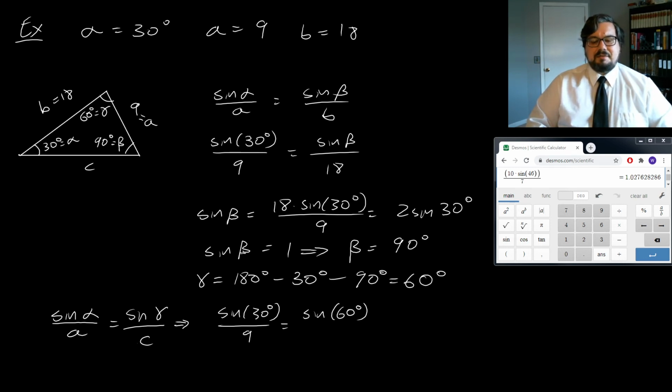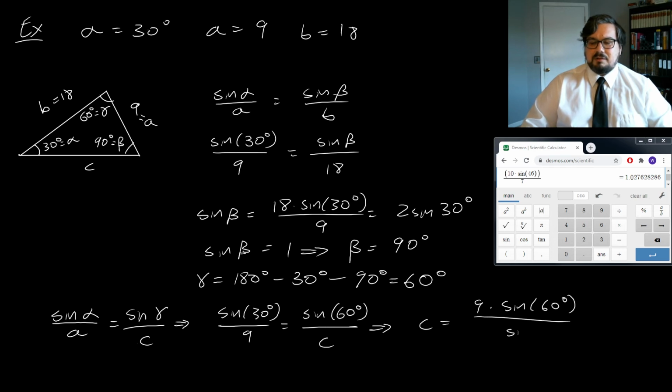So sine of 30 degrees over 9 equals sine of 60 degrees over C. We solve that for C, we get that C is equal to 9 times sine of 60 degrees over sine of 30 degrees.